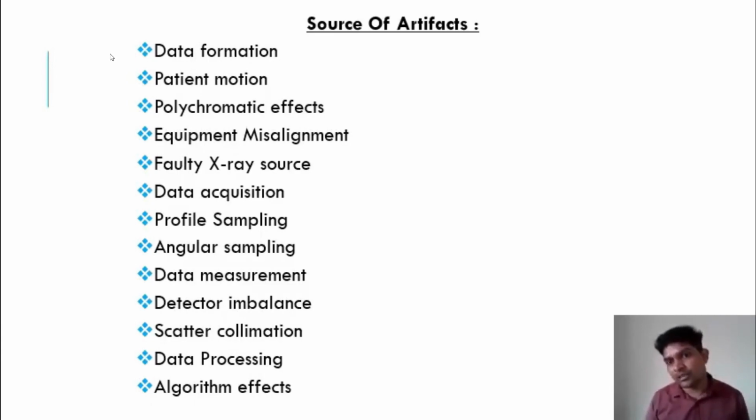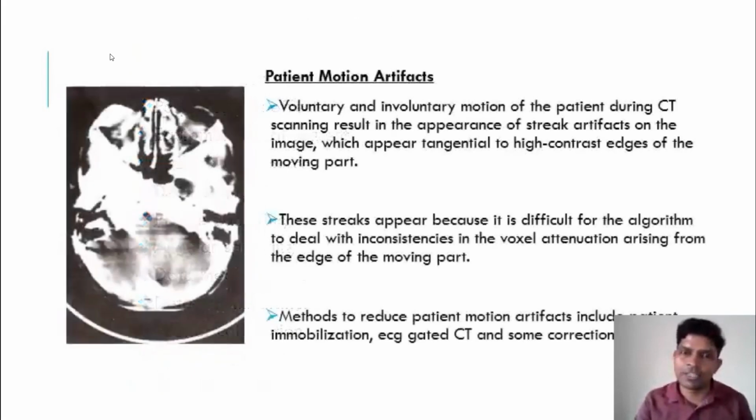In data acquisition, profile sampling or angular sampling might not be accurate, or there may be detector imbalance or scattered collimation. In data processing, something might be wrong, such as software not used properly or algorithm effects. These are all the main sources of artifacts in the image.